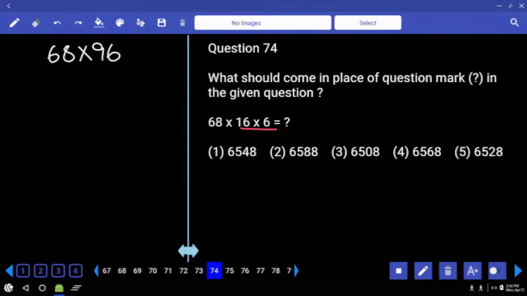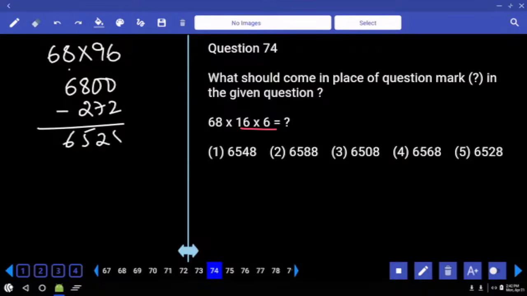Is that okay? 4 into 8, 3 carry. 4 into 6, 24. Plus 3, 27. Instead of 272, you subtract 300, add 28 later. Subtract 300, 65, add 28 now.